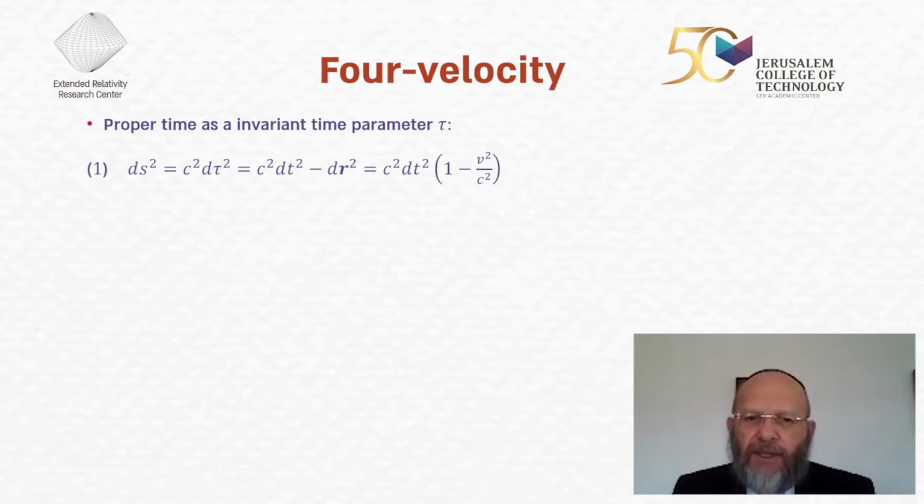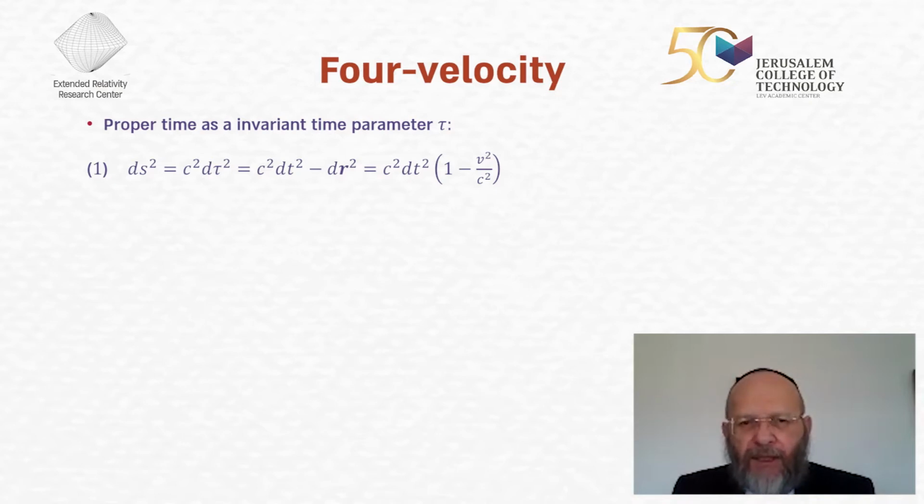Now we write explicitly what the ds square is. It is c squared dt square minus, I wrote dx1 square plus dx2 square plus dx3 square as the dr square. Now what happened?